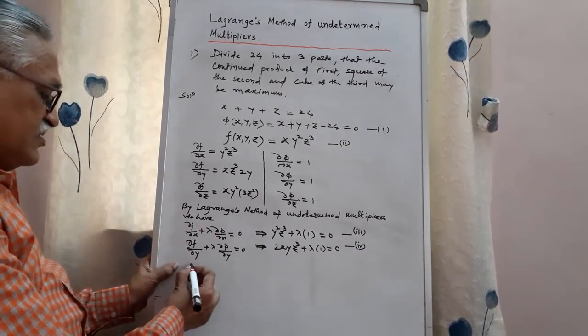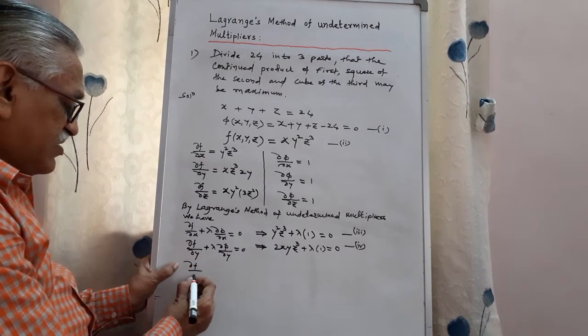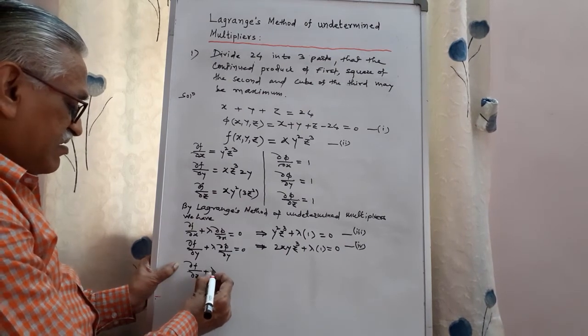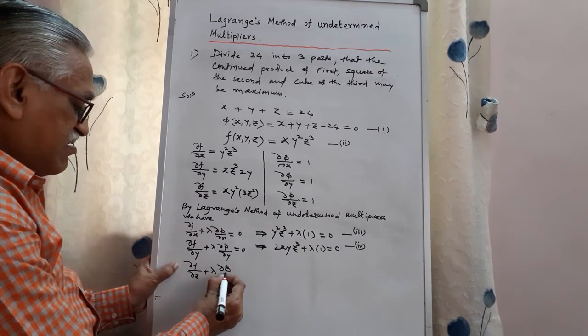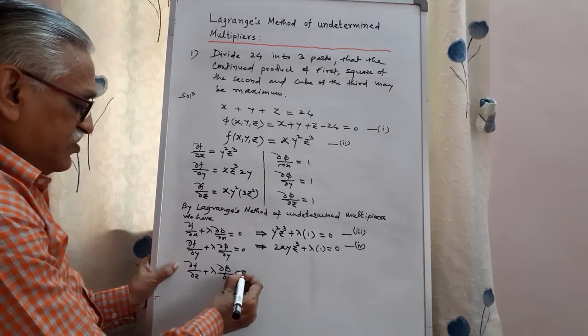And last, dou f by dou z plus lambda dou phi by dou z equals to 0.